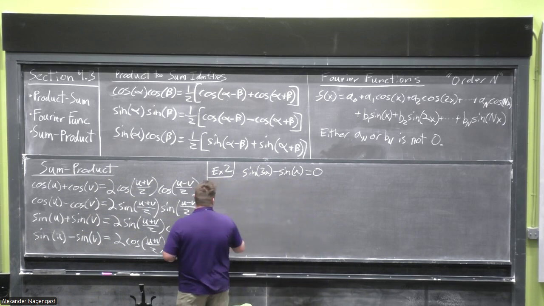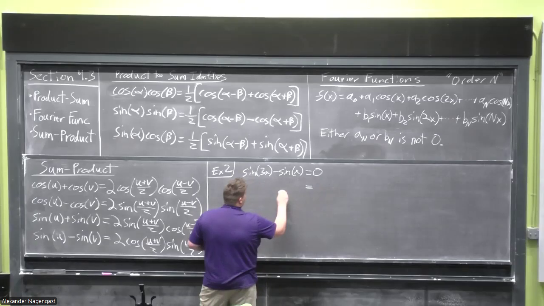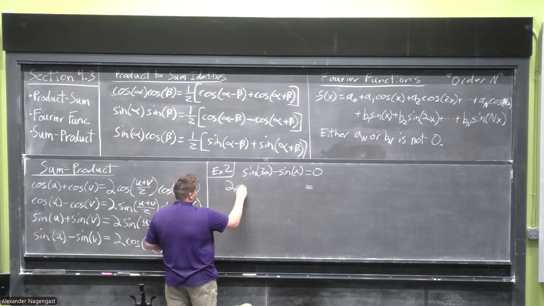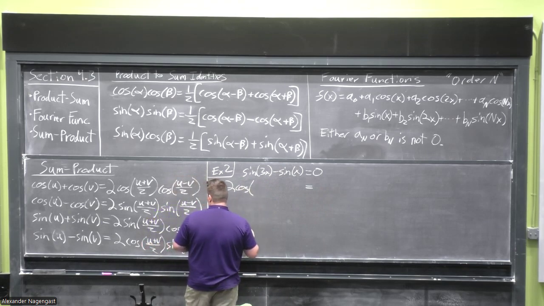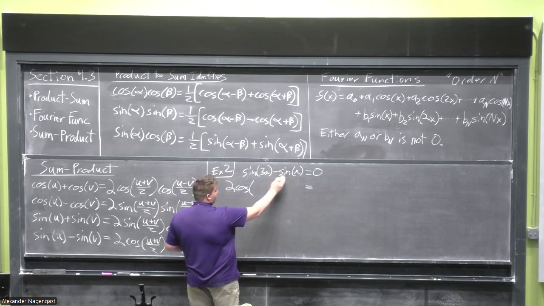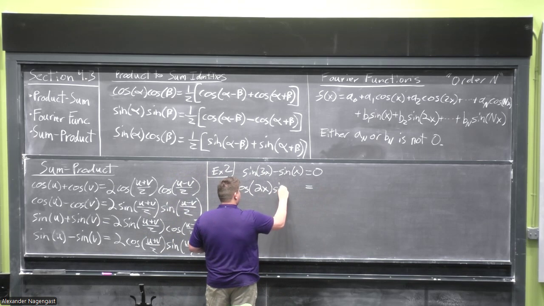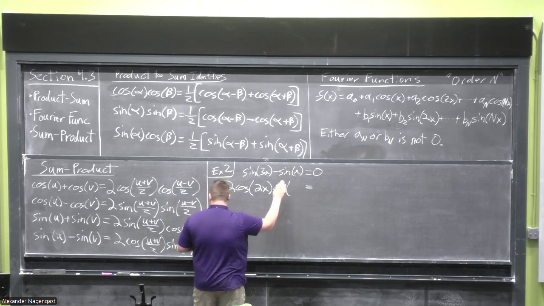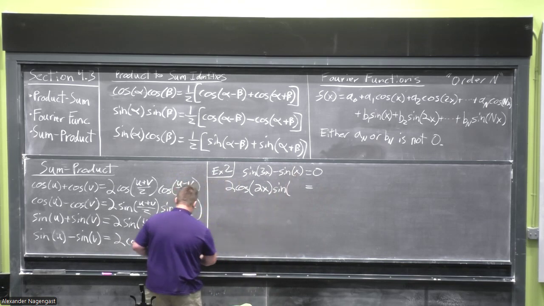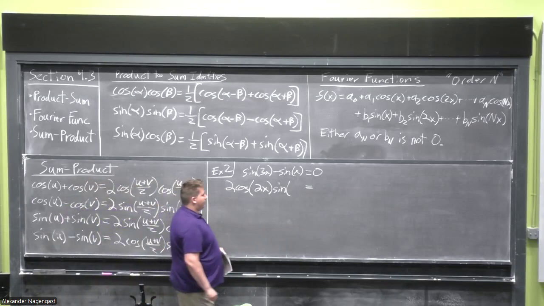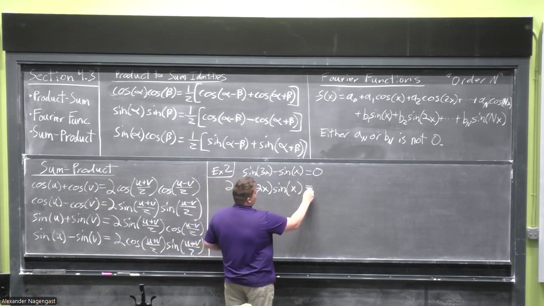And so we can say that sine of 3x minus sine of x is equal to 2 times cosine of u plus v, so that's 4x divided by 2, so we have 2x, times sine of u minus v, which then that is 2x divided by 2, so we get x, and this is still equal to 0.